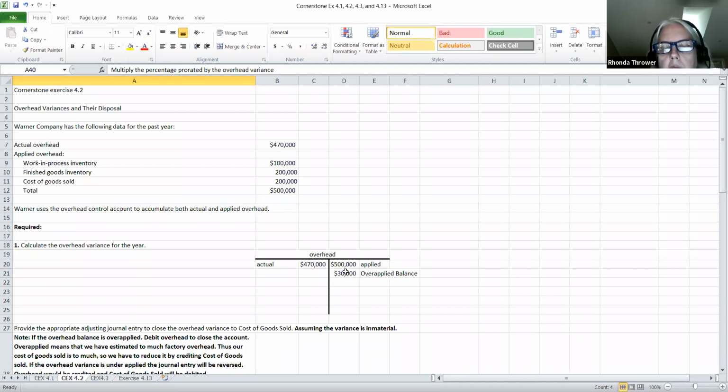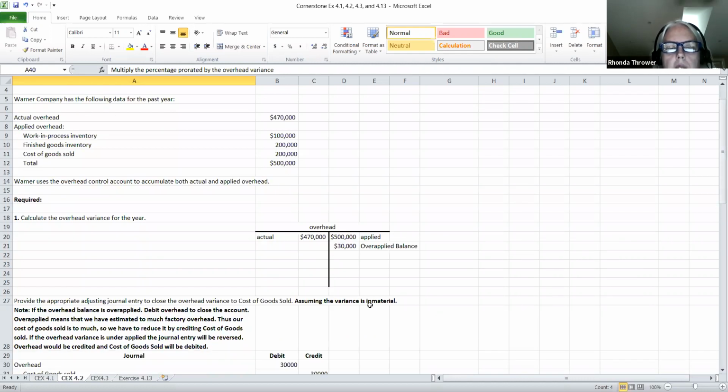If it's immaterial, then we would close the factory overhead account by debiting the factory overhead account and crediting the cost of goods sold.